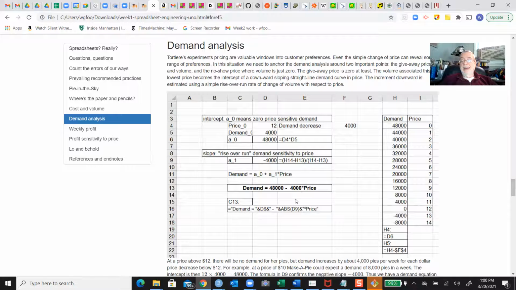I have formulas everywhere for you. Suss them out. What does this ampersand do? Well, you will find out. It's called concatenate. You're putting strings of text together. Oh, and there are all sorts of interesting chapters on text manipulation. So I'm generating a demand curve here.